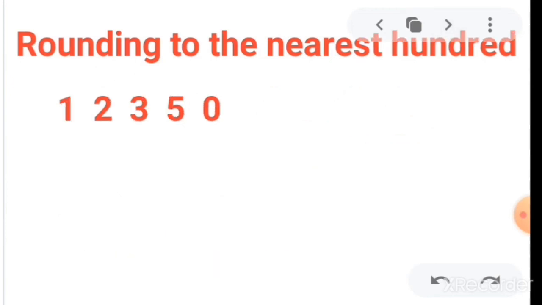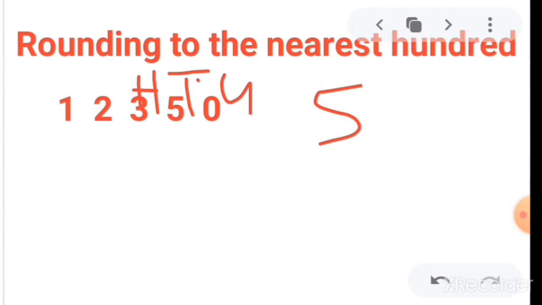Let's see another example. We want to change 12,350. We want to round to the nearest 100. Now how do we know the 100th position? Still using our place value. Starting from the extreme right, the first number is the unit, followed by the 10, and followed by the 100. Now 3 is 100, and immediately to the right of 3 is 5, and we said if the number at the right of the number we want to round is 5 or more, we round up.